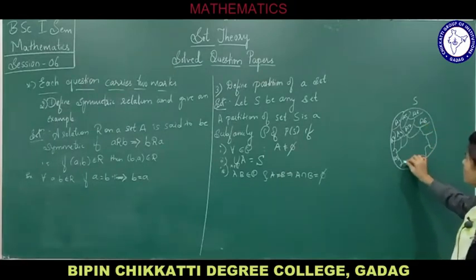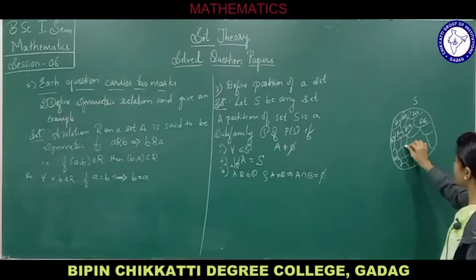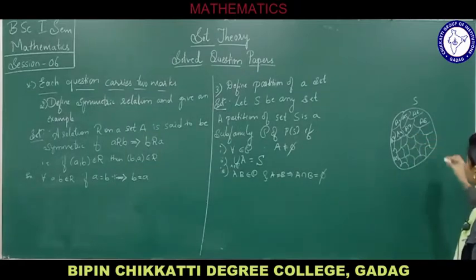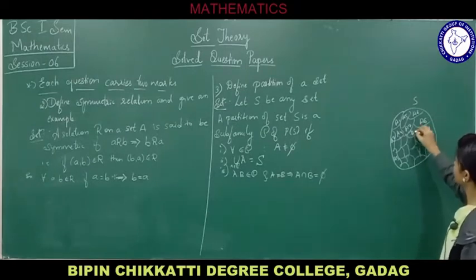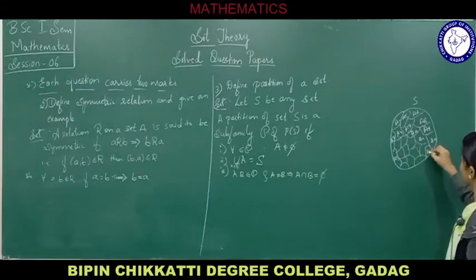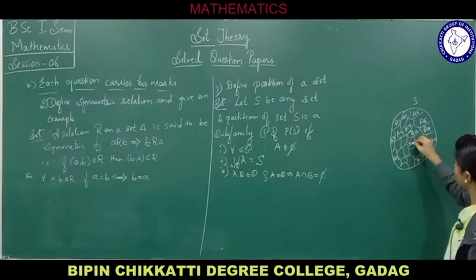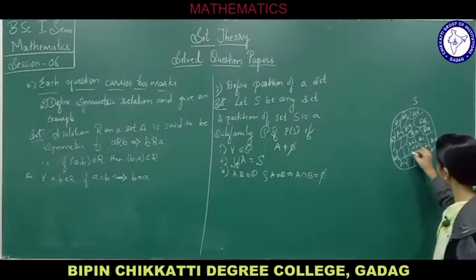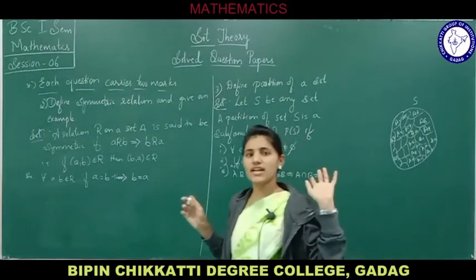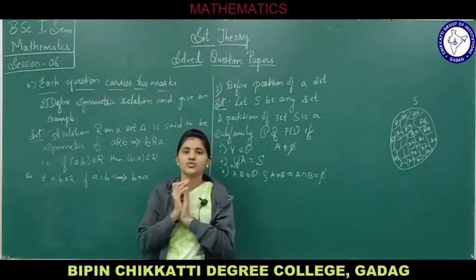No one should overlap with each other. A8, A9, A10, A11, 12, 13, A14, A15, A16, A17, A18, like this and so on, in such a way that they do not overlap with each other. Their intersection should be empty.